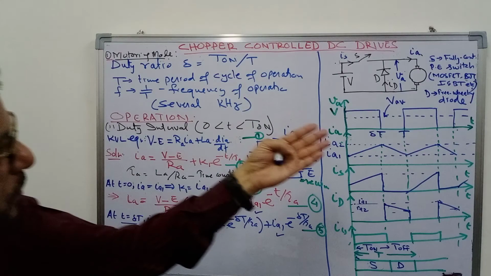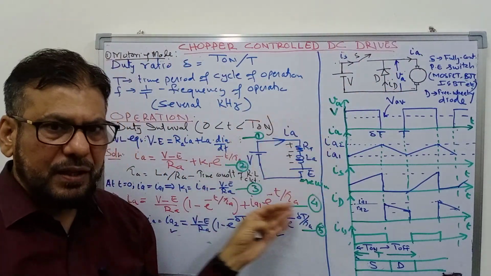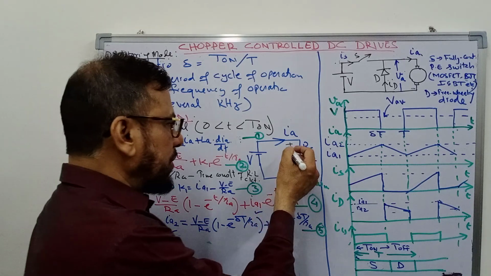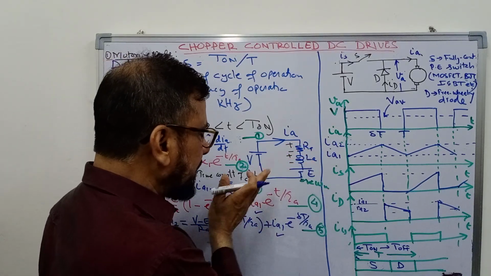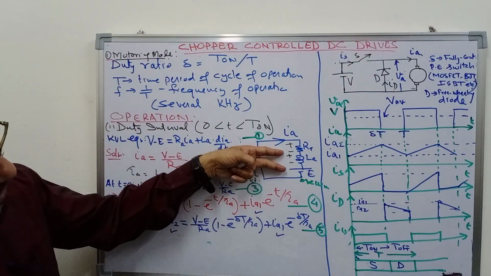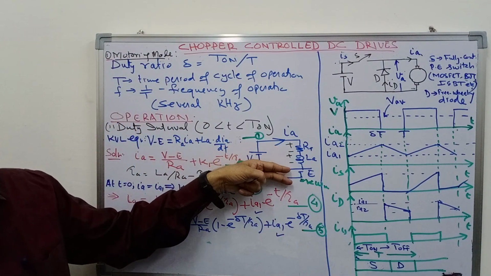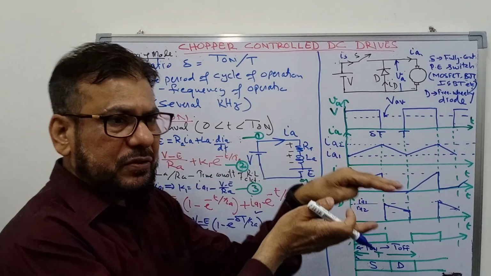Earlier the current was flowing through this circuit, and this was the situation. That is, the polarity of the voltages across resistance and inductance was such that current was rising. So dIA by dt was positive, so this voltage was also positive, and energy flow was somewhat like this. The energy is coming from the source.